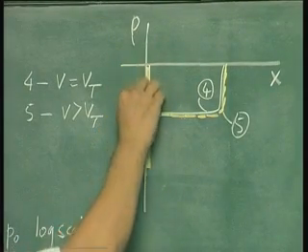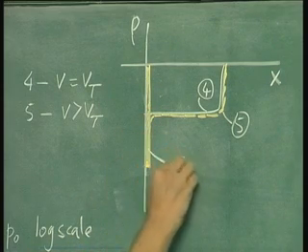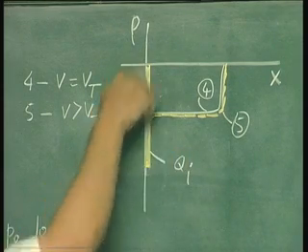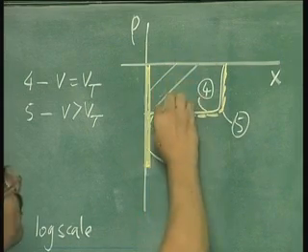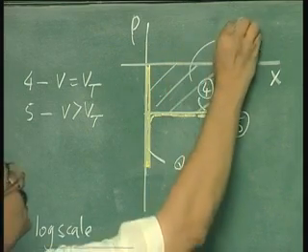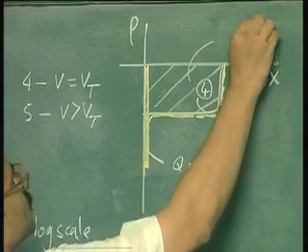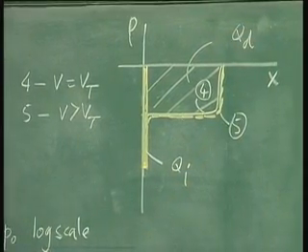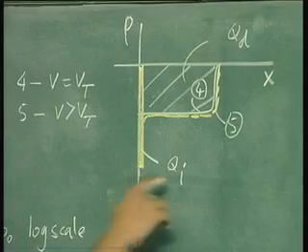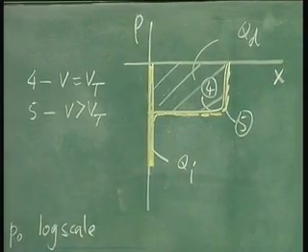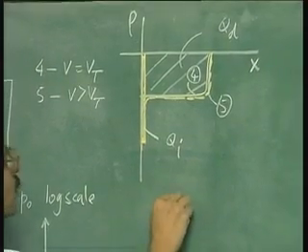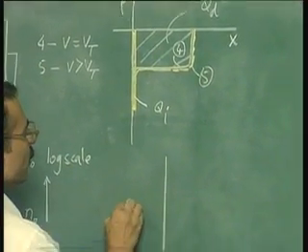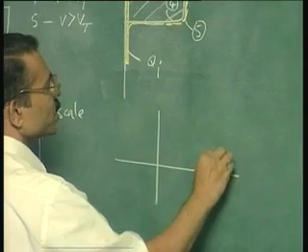So this is Qi. Please note that the space charge is on the negative axis and this area is the depletion charge. Now we sketch Qi and Qd as a function of voltage.